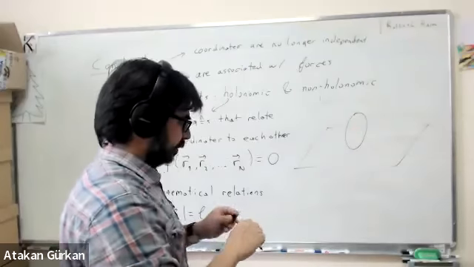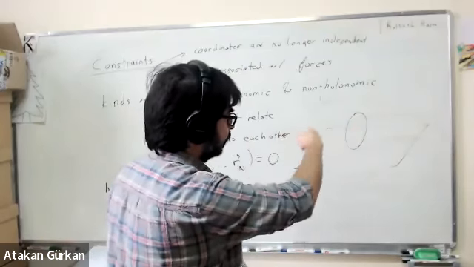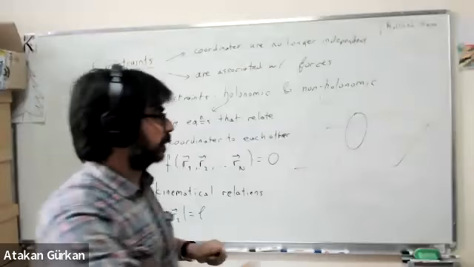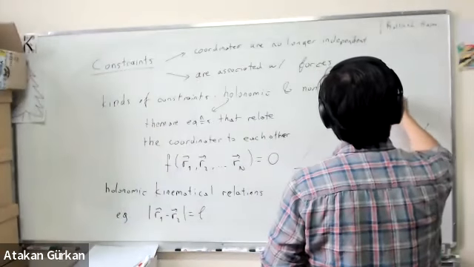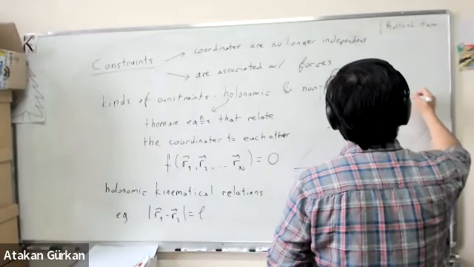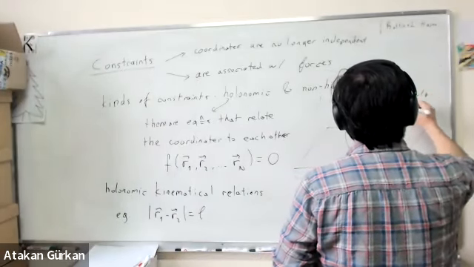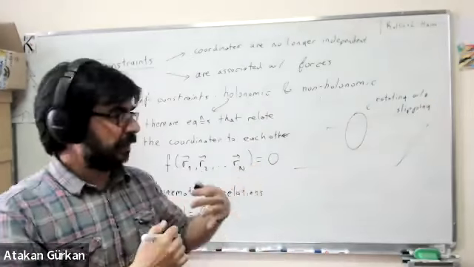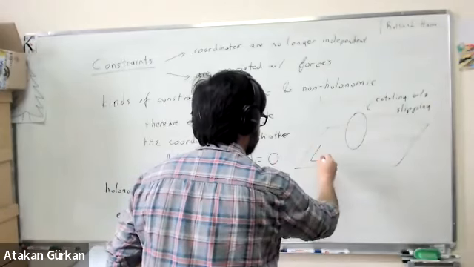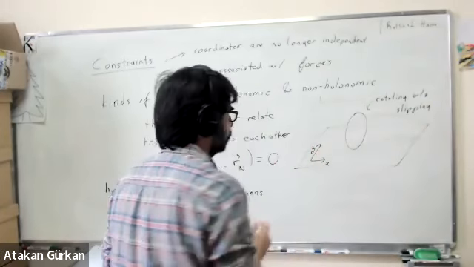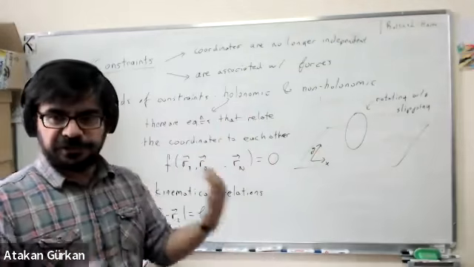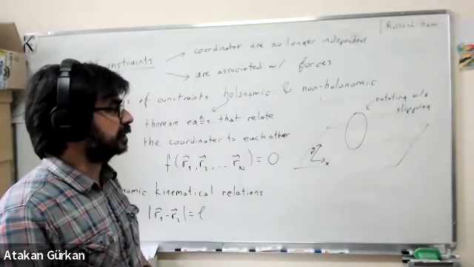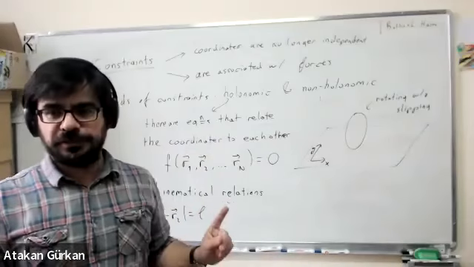And this disk is free to rotate, but it rotates without slipping. Okay? And also it can change direction. So if we choose these, for example, as x and y coordinates, it can move in the x direction, it can move in the y direction, it can move in both directions simultaneously. It can also rotate, but it's not going to slip.